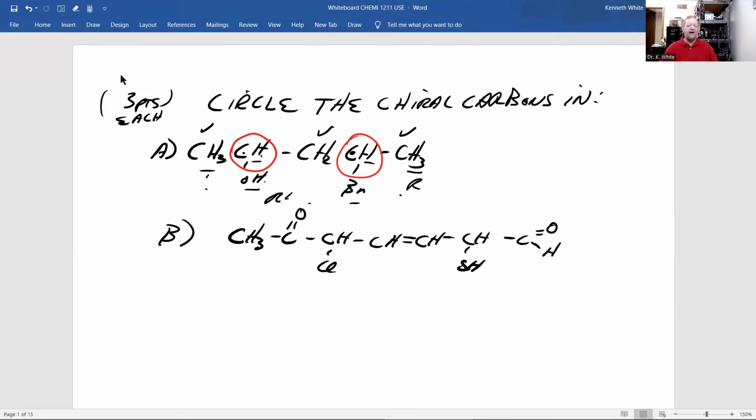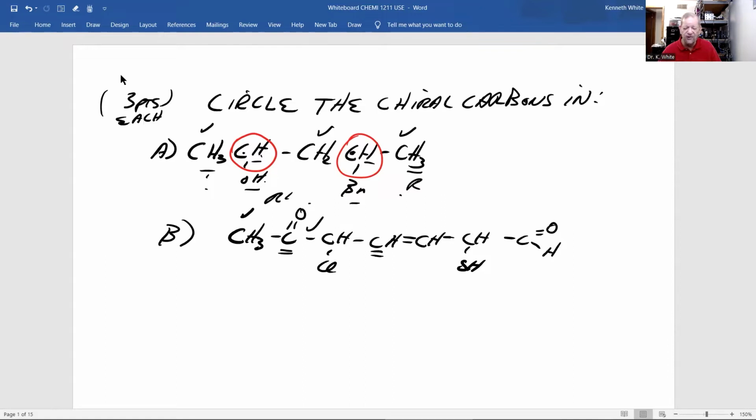If you look at the molecule in B, the same question: circle the chiral carbons. Now listen carefully. If a carbon is in a double bond or a triple bond, it can't be chiral. And if it has 2 or more of the same atom or group on it, it can't be chiral. So this is out. This carbon right here is double bonded to oxygen, so that's out.